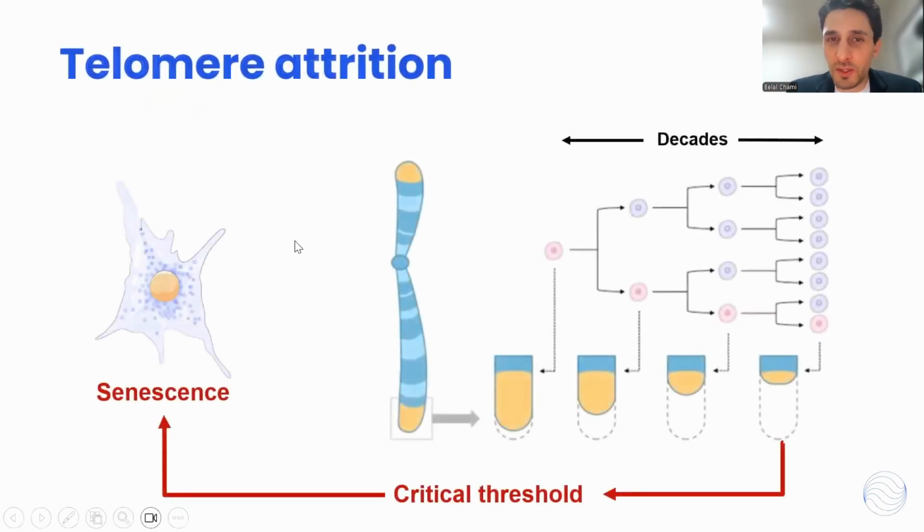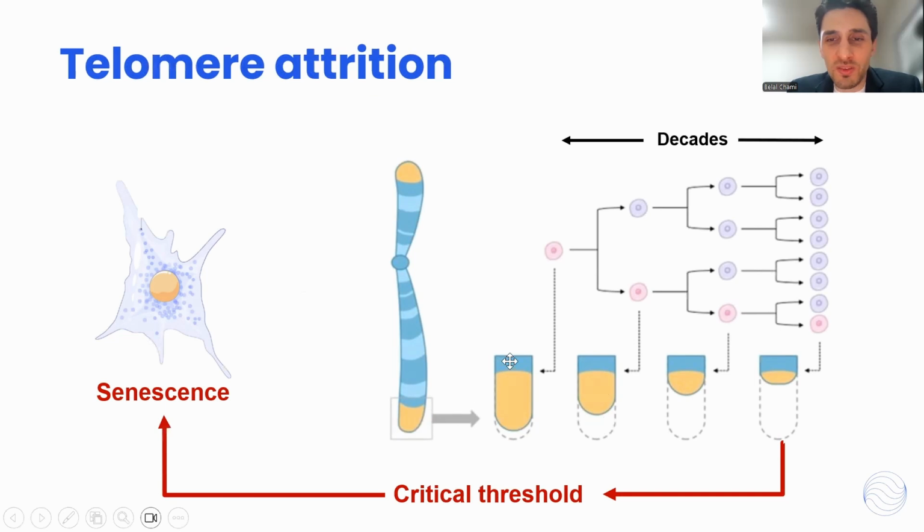When cells divide, and this is a picture of DNA coiled into a structure called a chromosome. This is rather a chromatid. And when cells divide over periods of decades, every cell division, a little bit of DNA is lost. And that's because cell division isn't a very complete process.